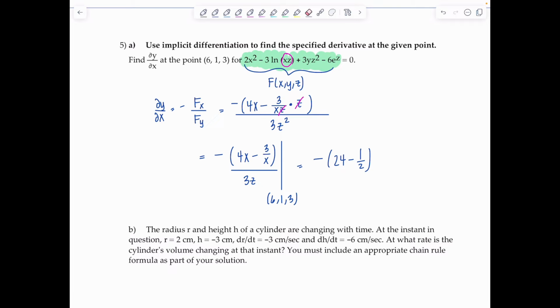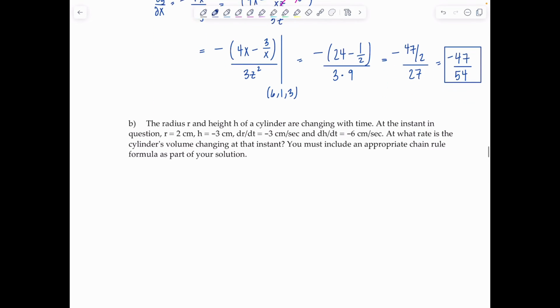Over 3 times z squared is 9. So 24 minus a half, that's 48 halves minus 1 half, that's 47 halves. Negative 47 over 2 over 27, and then bring the 2 down there, so we have negative 47 over 54. Good? Excellent.